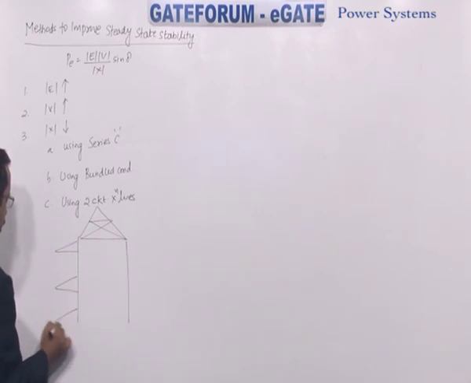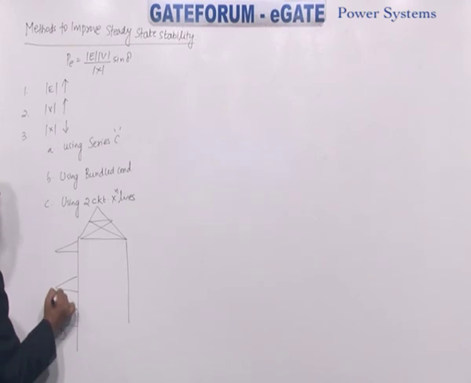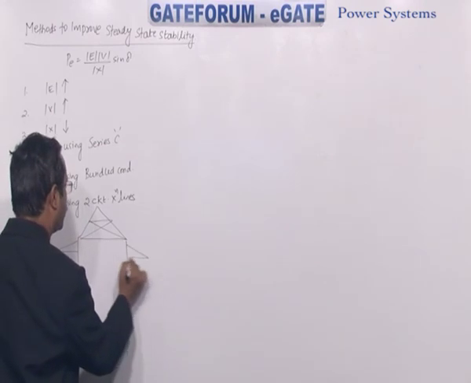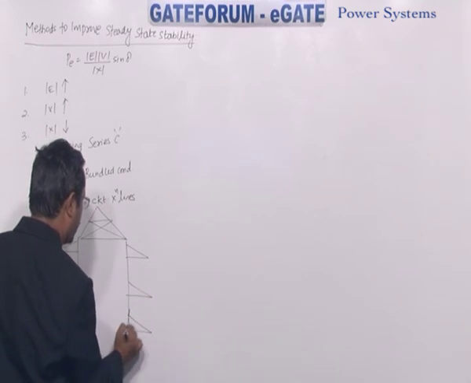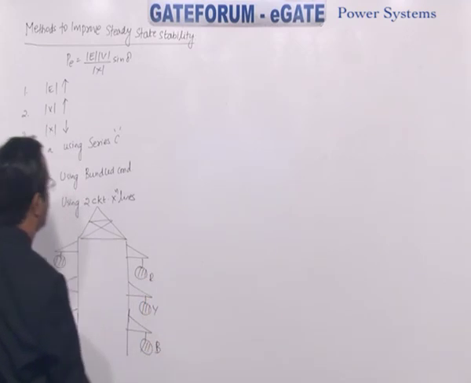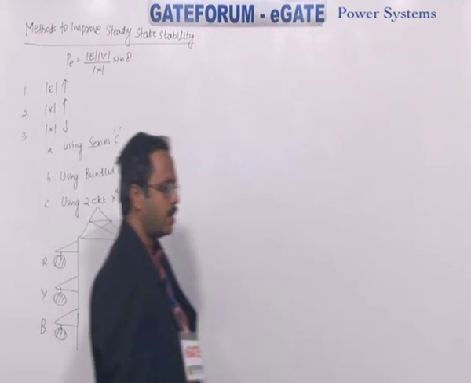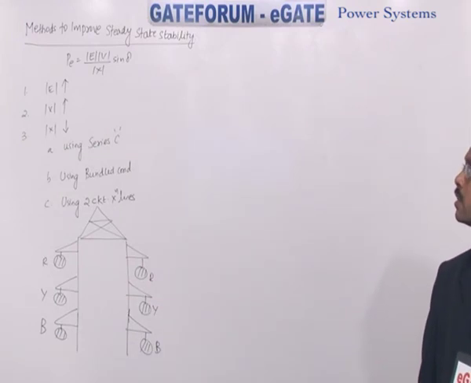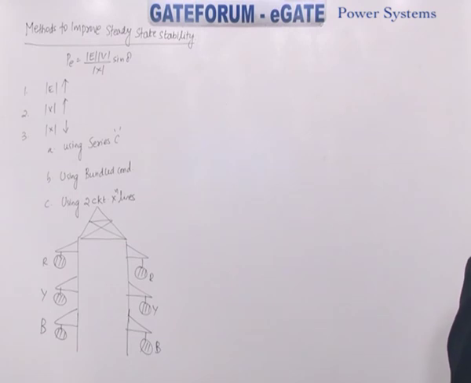But this side we have three conductors of one circuit, and on the other side we have three conductors of the other circuit here. So this is how you represent a double circuit transmission line. So these are the methods to improve the steady state stability.